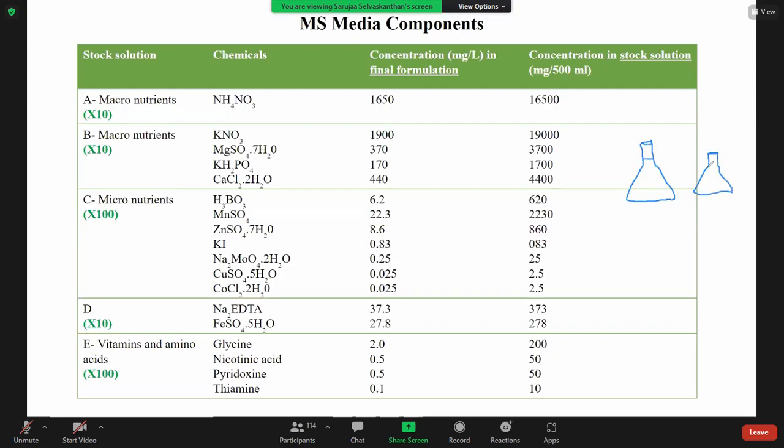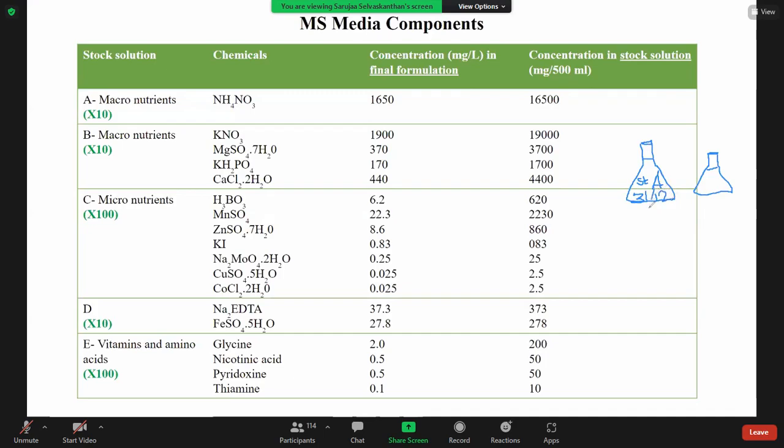We can prepare the stock A, then we can mark it as stock A, and the date of preparation. If you prepare today, 31st of December, we have to mark it.